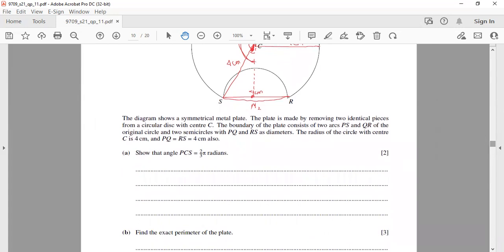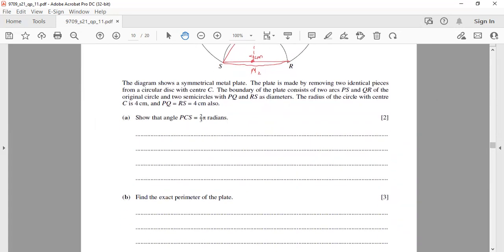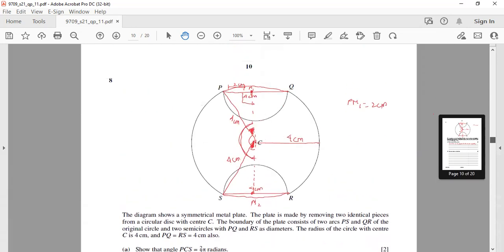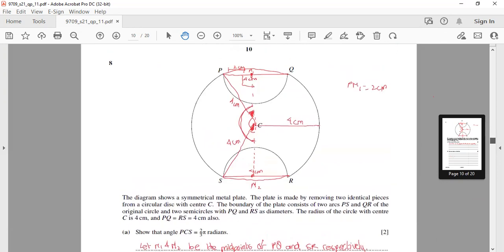Okay, so let's find angle PCM1. Let M1 and M2 be the midpoints of PQ and SR respectively. We're just labeling the diagram. PM1 is 2 centimeters.